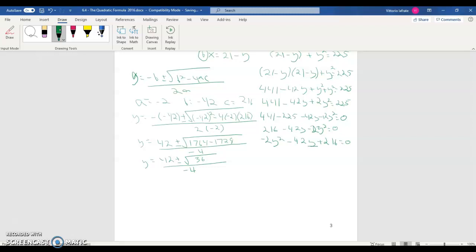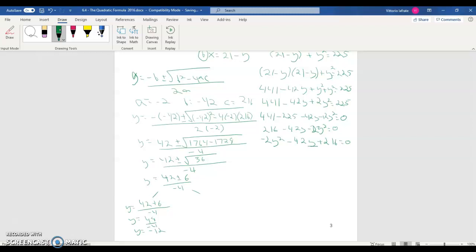Actually, let's do y is equal to 42 plus or minus 6 over -4. And now we can choose our sides. We can do the plus side and the minus side. So we can do 42 plus 6 over -4. So y is equal to 48 over -4. So y is equal to -12.